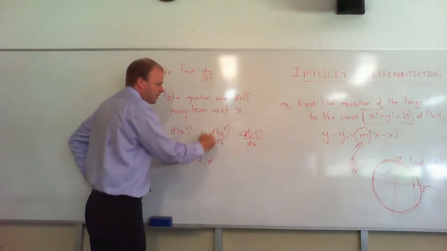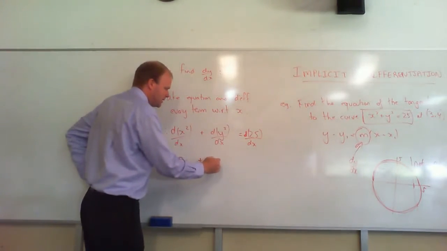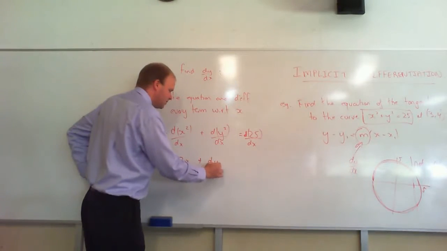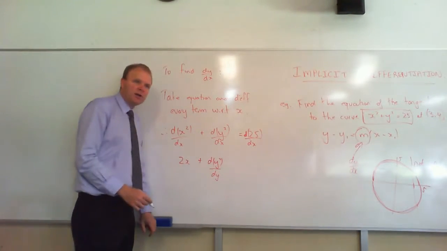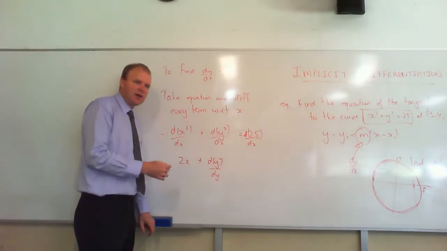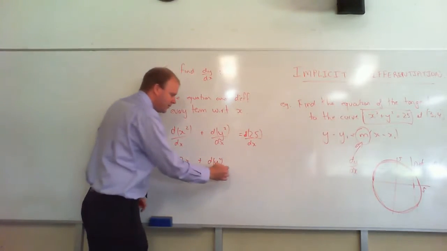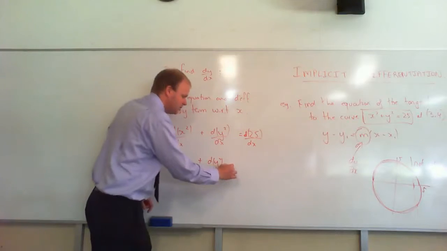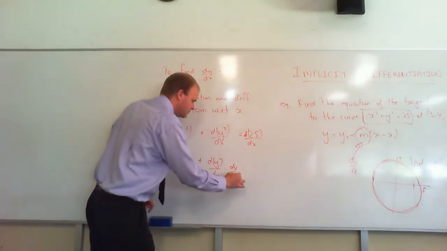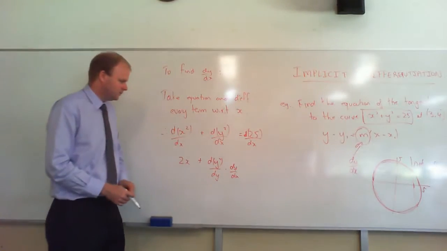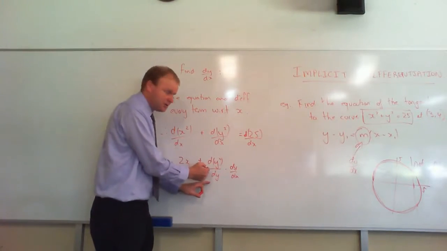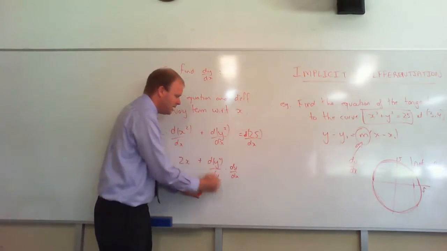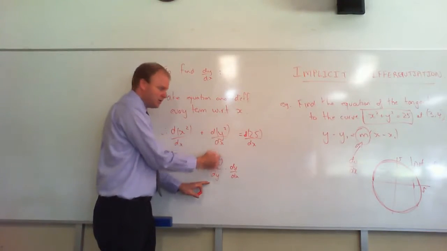I'm going to modify this, and I'm going to say, well, I could actually differentiate y squared with respect to y. I can do that. And then if I multiply that by dy dx, this is a bit like the chain rule expression, is this expression here equivalent to that?